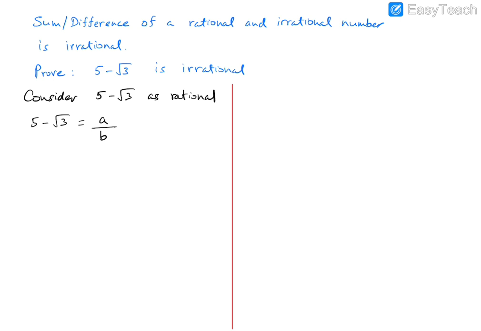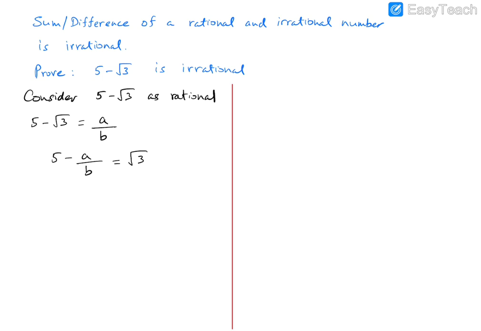So we can now write 5 minus a by b. I'm just taking the a by b to the left side and the minus root 3 to the right side. So 5 minus a by b is equal to root 3, and this is what we have here.